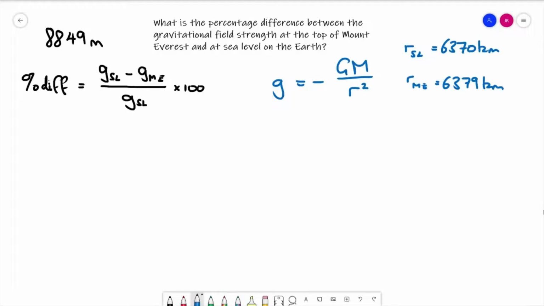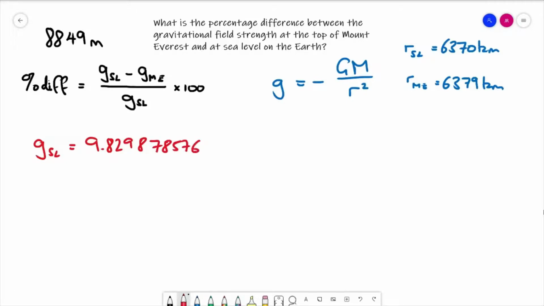Now for this one, we could do an algebraic method, but to be honest, for this one I just decided to do a bit of a brute force and ignorance method, and use the memories on the calculator to my advantage. So g at sea level, my full calculator answer was 9.829878576.